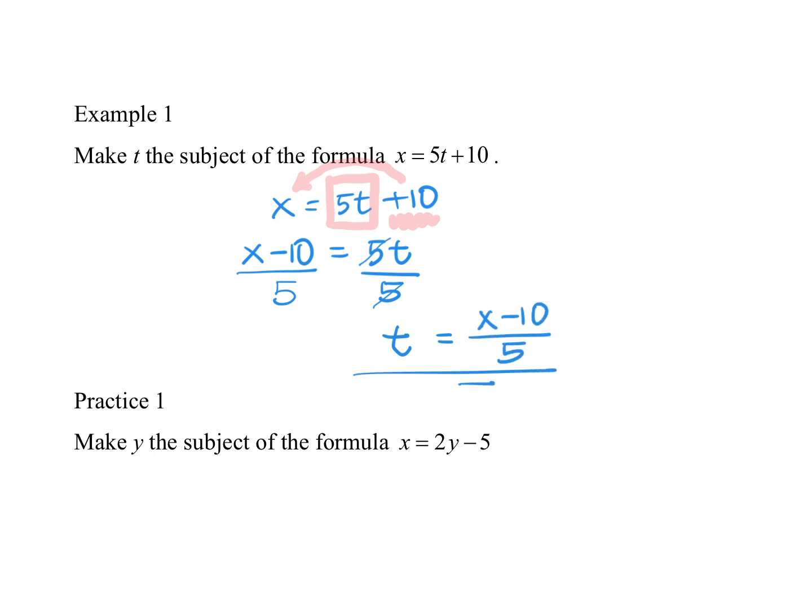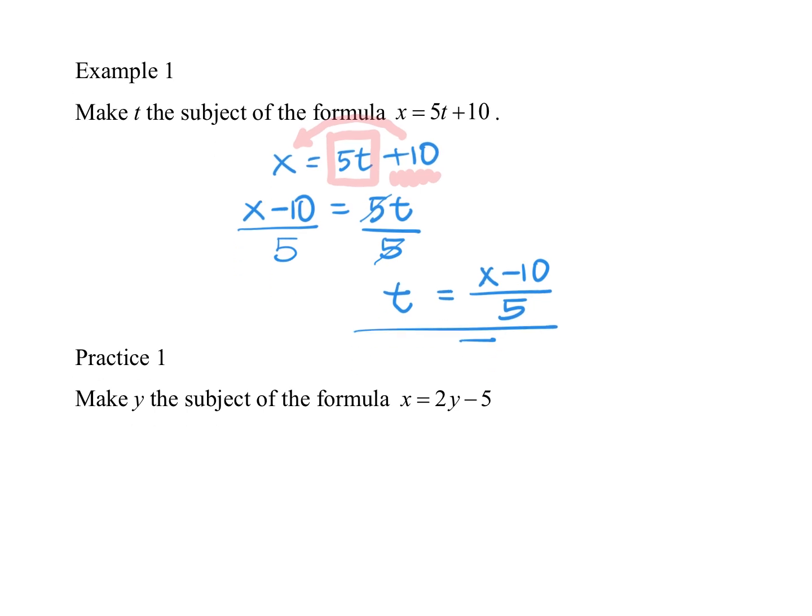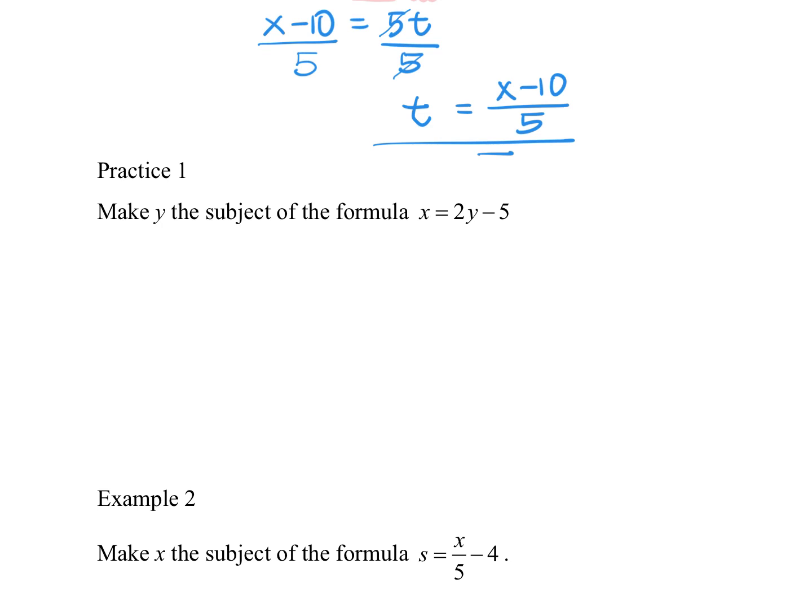Have you gotten the concept? Let's do one more question. Similarly, this time, make y the subject of my formula. So I want to have y, and I catch y, the criminal, but y is together with 2y, so it has 2 bodyguards over here. So what we're going to do is get rid of the outermost enemy, negative 5.